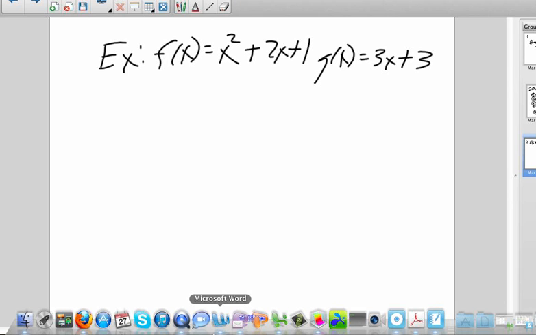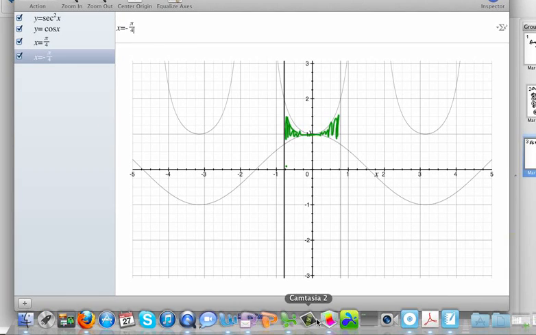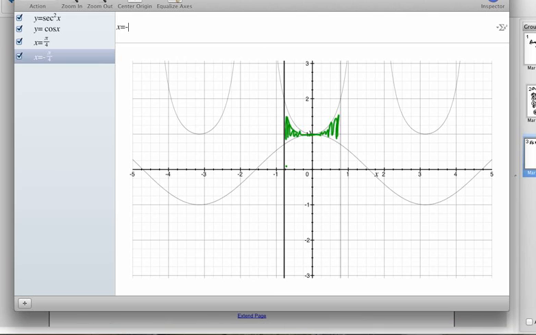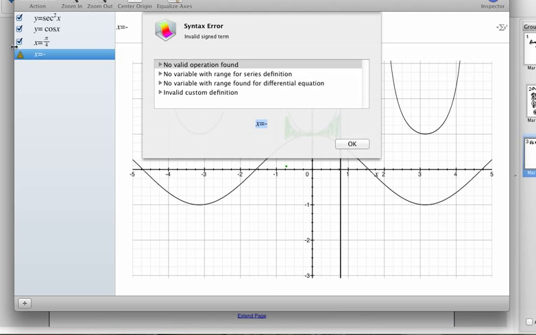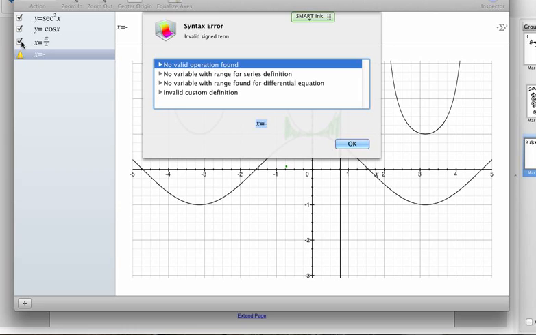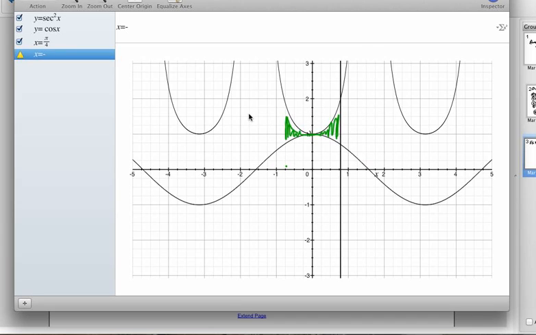You'll probably do this on your calculator, but you can also do this on Grapher.